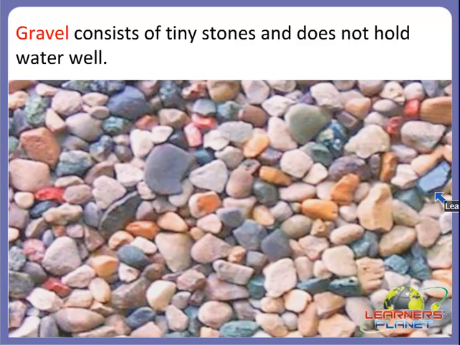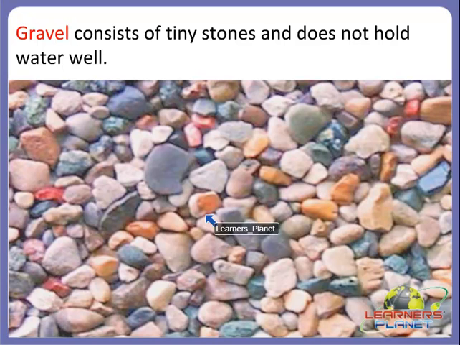Yes, gravel is a type of soil that consists of tiny stones and does not hold water well. Alright children, so always remember that gravel looks like this. Gravel consists of tiny stones and gravel does not hold water well, right?